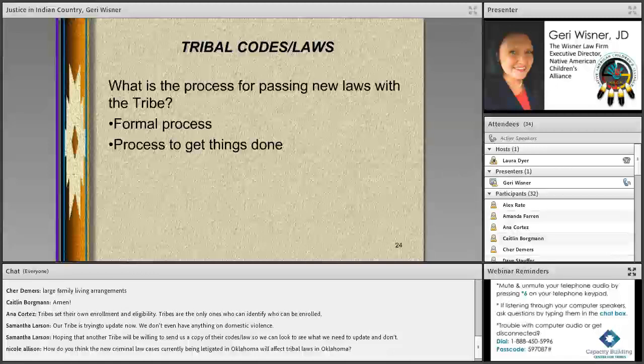When I tried to pass car seats, I put it on the agenda, and when the matter came up, we had about 200 tribal members, and I stood up and said, hey, I would like to pass this law for tribal car seats, because I think that it's important that we protect our children. And I thought that was a no-brainer, and it was voted down unanimously.